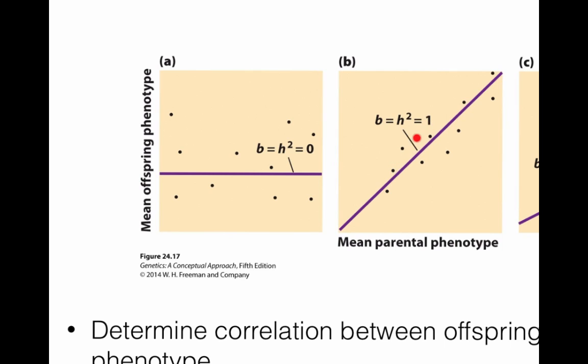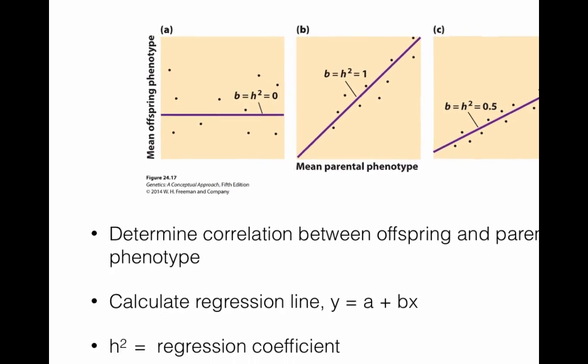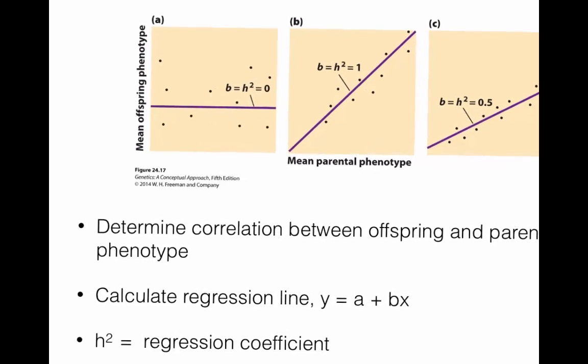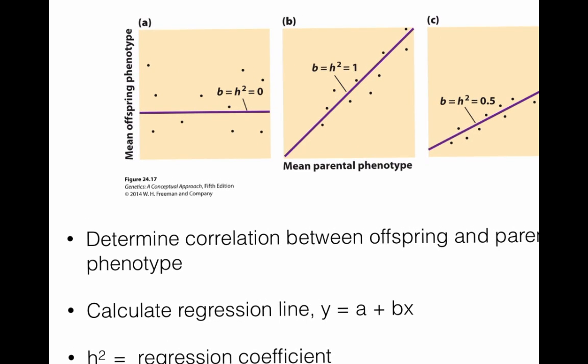On the other hand, here, we have a very nice correlation, and the slope of this correlation is, in fact, the narrow sense heritability. The regression coefficient B, remember, we're looking at an equation where y is equal to a plus bx. So B in this case is nothing but our narrow sense heritability.